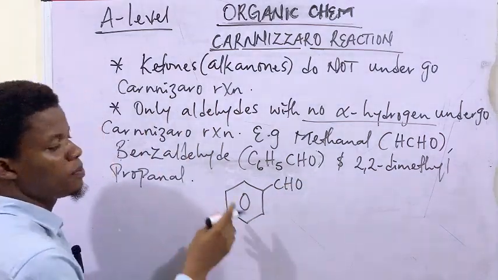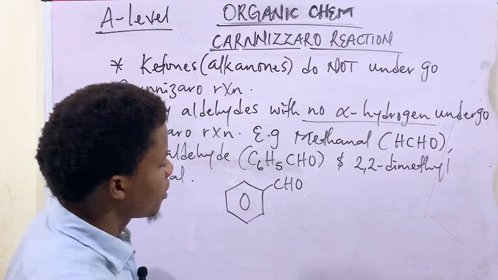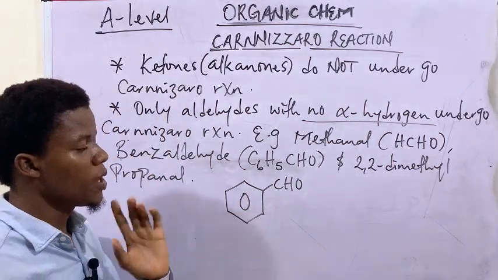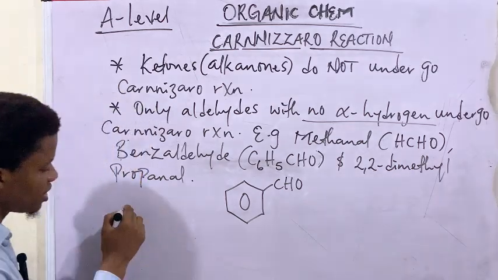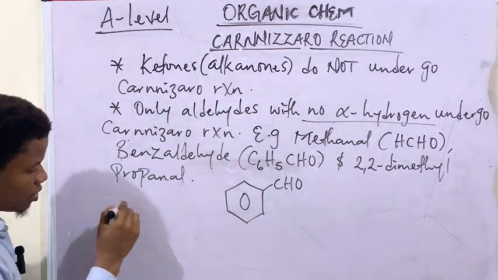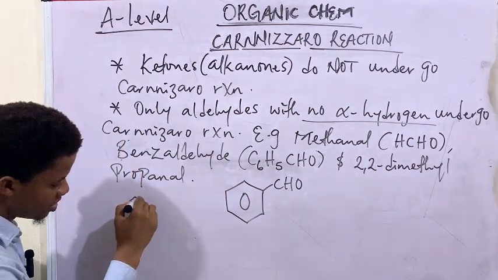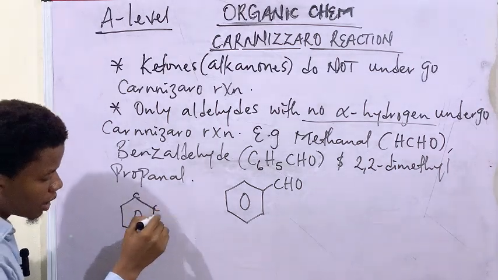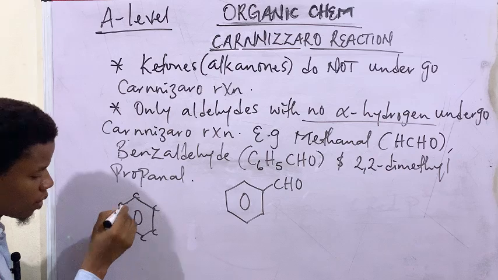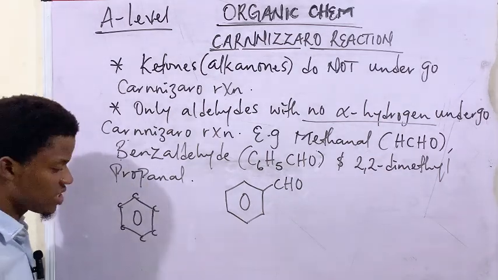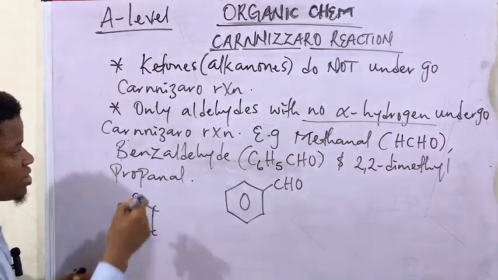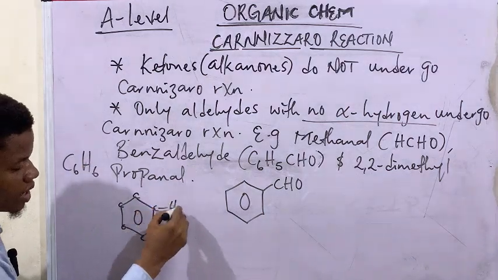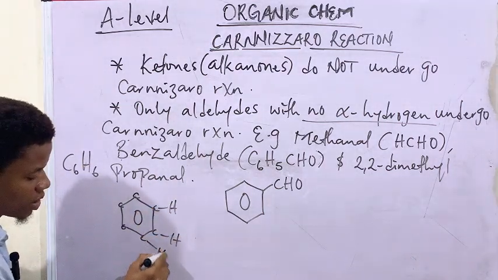If you look at the structure of benzaldehyde, it is something like this. Normally benzene is C6H6, so 6 carbons, and each carbon has one hydrogen.